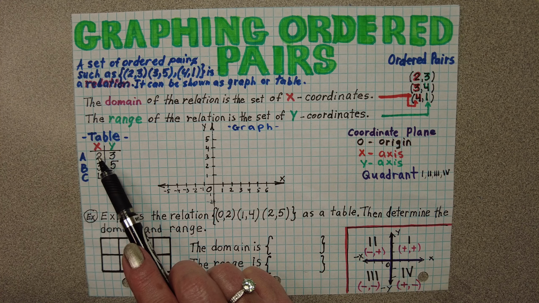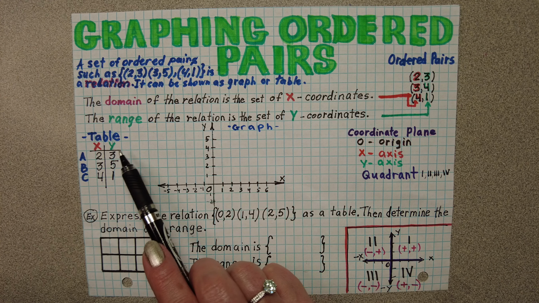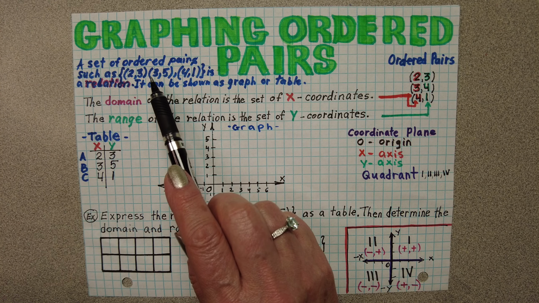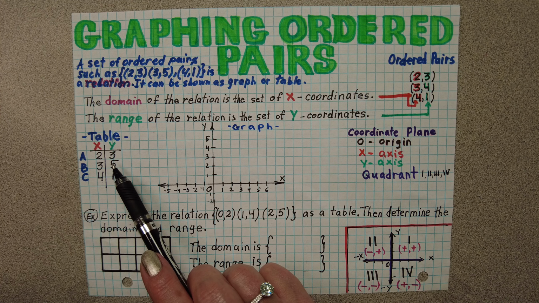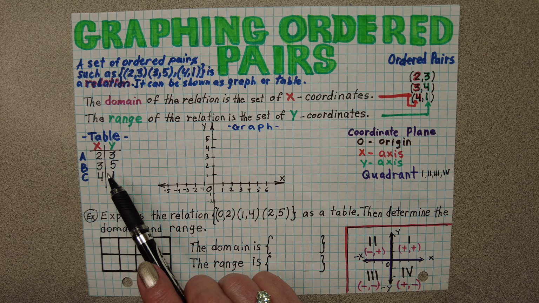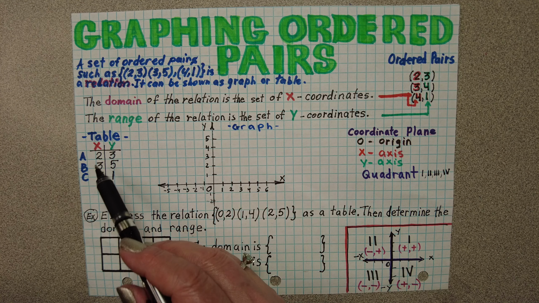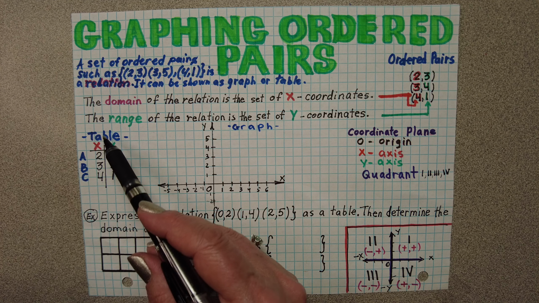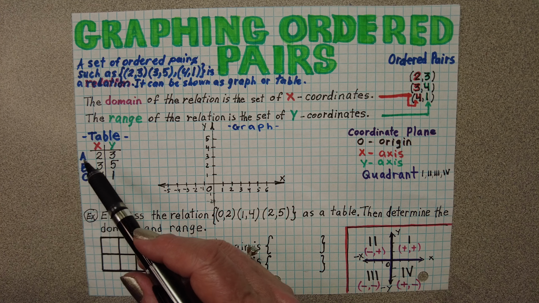First, when 2 is x, then y is 3. X is 3 in this case, 5 is y. And x is 4. In this case, y will be 1. Now let's name them as points. This is the way we do the table relationship.